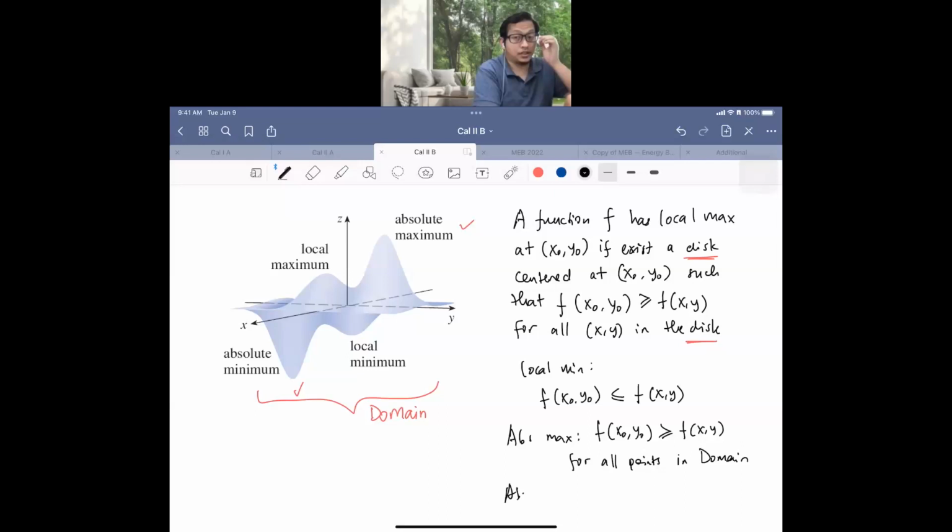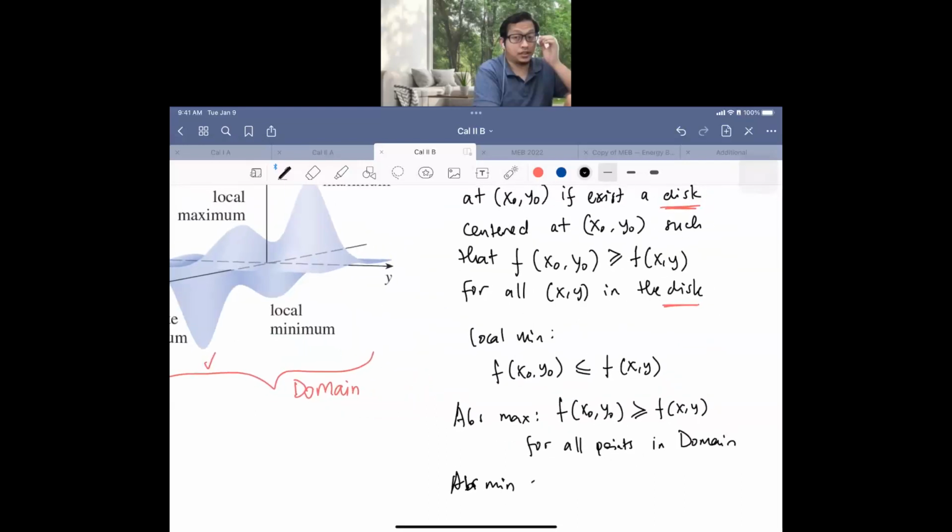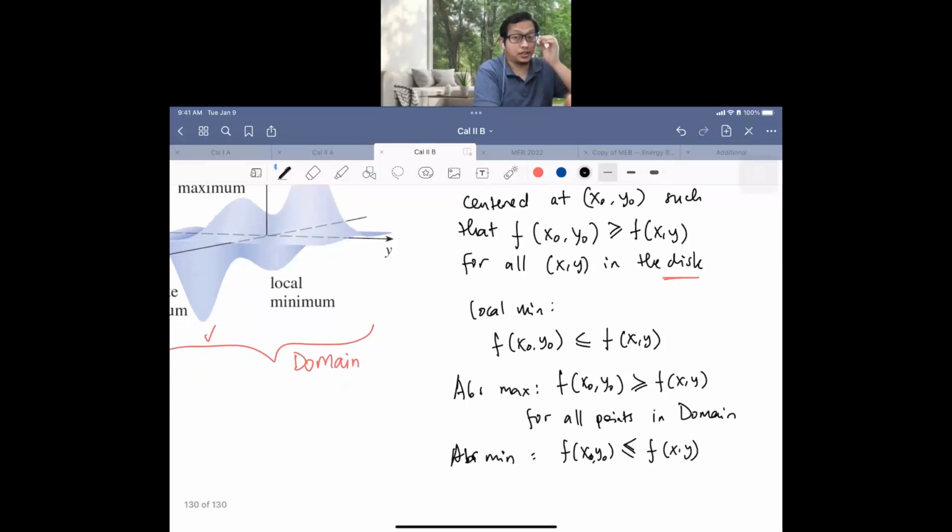And absolute minimum, for all points in domain.